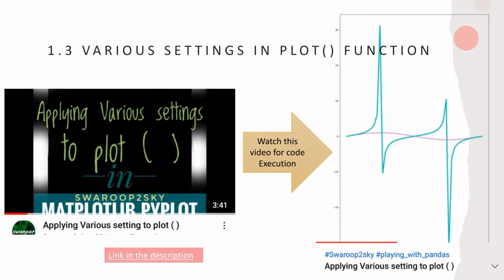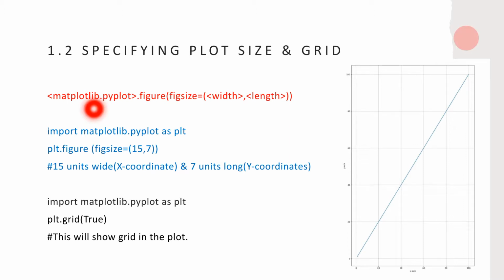This complete structure is a syntax, and using this syntax we can change the figure size to any dimension we like. We have made an example here. The second thing is the grid; setting grid equals true looks like this.